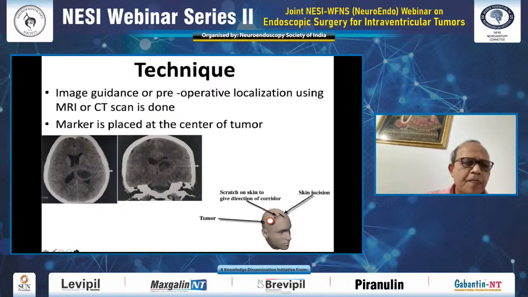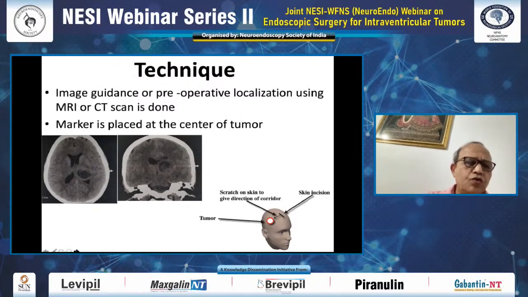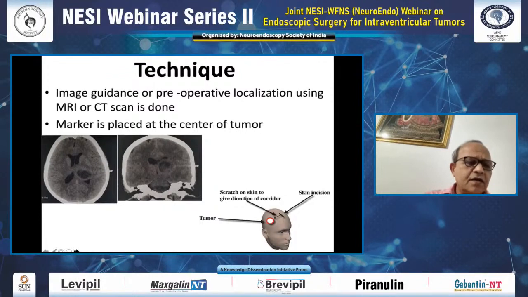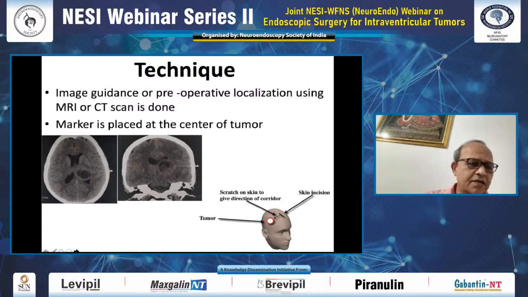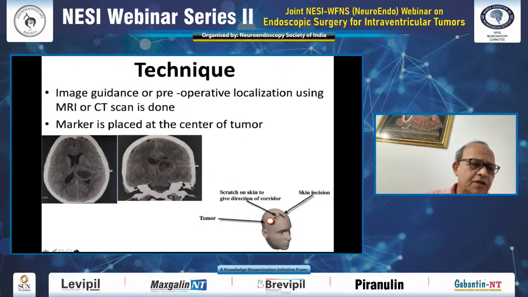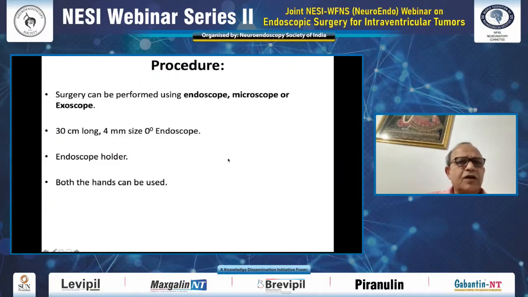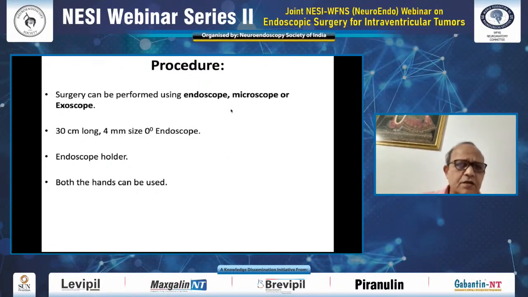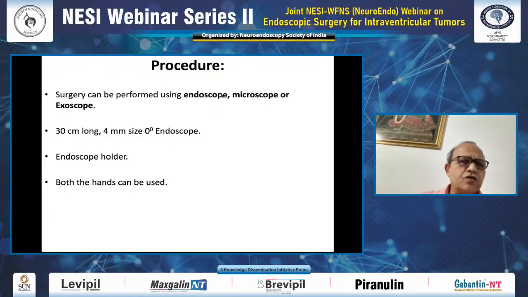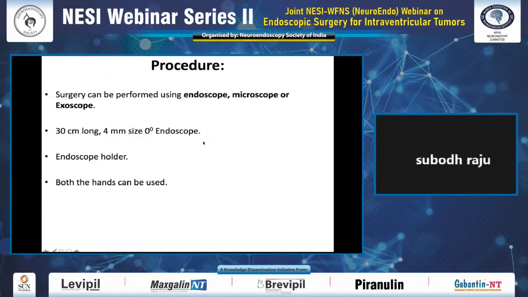Obviously the lesions are larger, therefore we could do all cases when we did not have the navigation facilities; we were doing the deep-seated tumors and intraventricular lesions regularly using this tubular retractor. After using the tubular retractor, you can use either an endoscope or a microscope or exoscope.